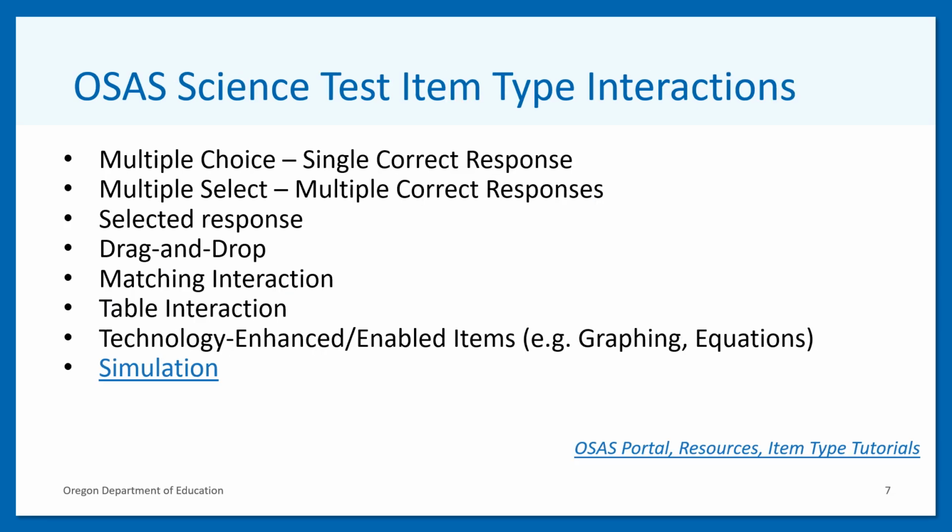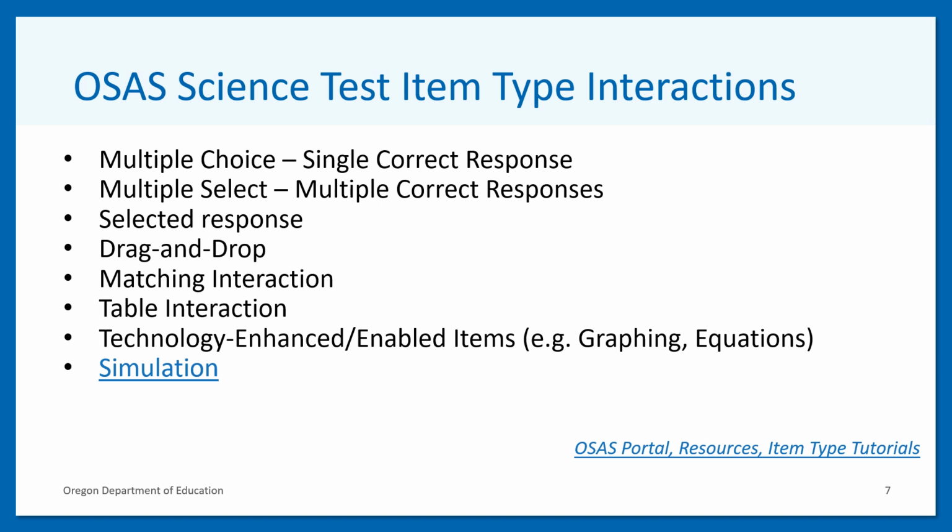Within the science test, the student will interact with different items such as multiple choice, where there is a single correct response, multiple select, where there are multiple correct responses, selected response, drag and drop, matching items, table, and graphing interactions. Some items are technology enhanced or enabled to allow students to enter an equation or create a graph.